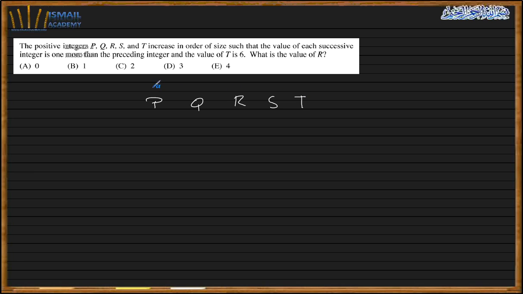If this is 7, this is 8, 9, 10, and 11. So if T is 6, and I go back by 1, it's going to be 5, 4, 3, 2. So the value of R is 4. So E is my answer.